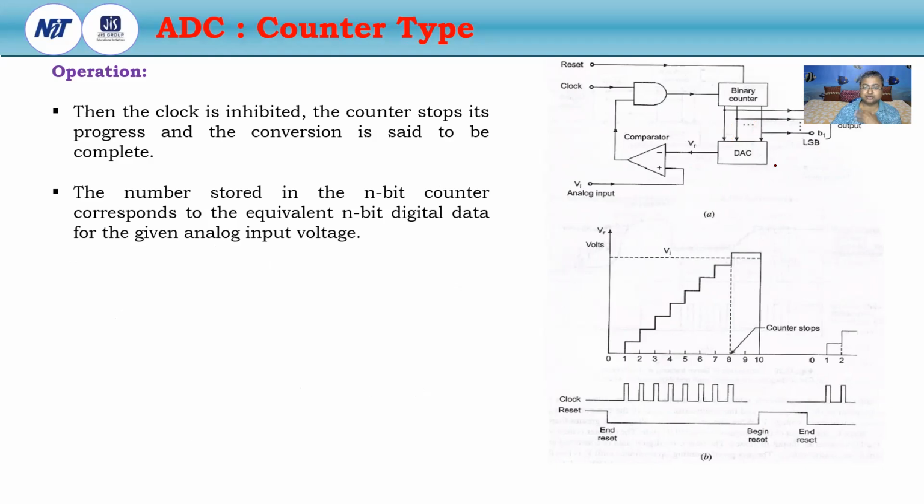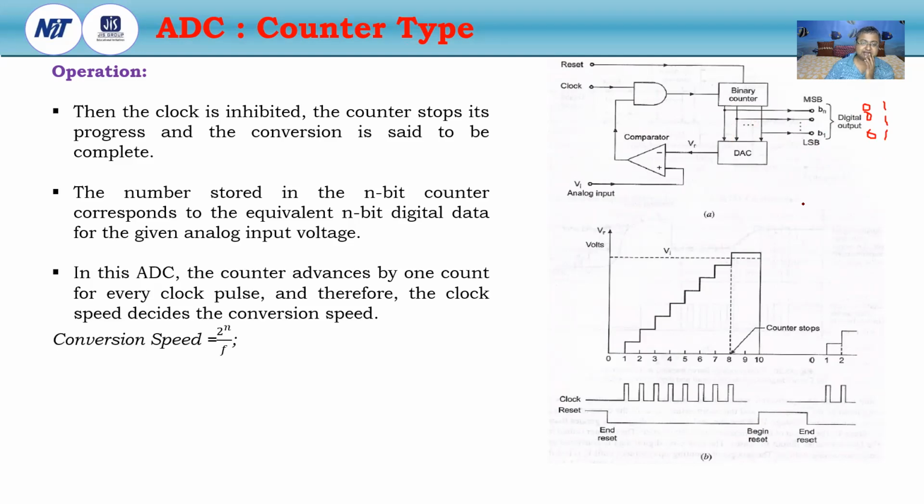The number stored in the n-bit counter corresponds to the equivalent n-bit digital data for the given analog input voltage. So this is the counting sequence. It will count 000, 001, up to 111 for the 3-bit. Then it stops counting.